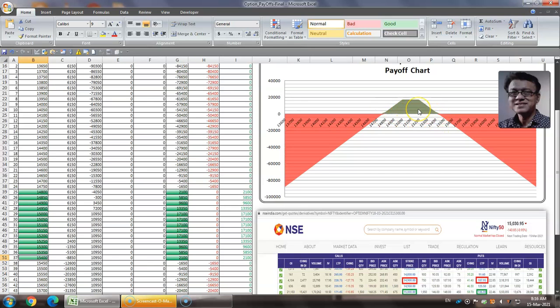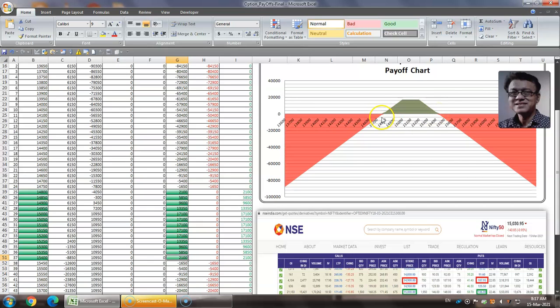And his profit will be of different dimensions. It could be 2,100, 5,850, going up to 13,350 or 17,100. This is the top here. And again it can come down to 2,100 if the underlying price goes towards 15,400.